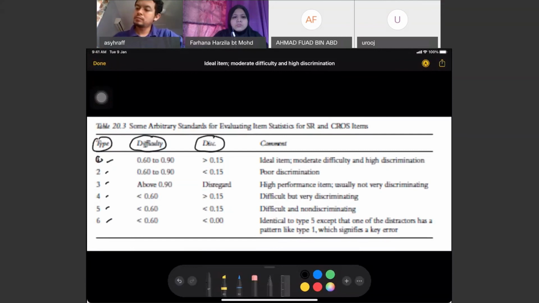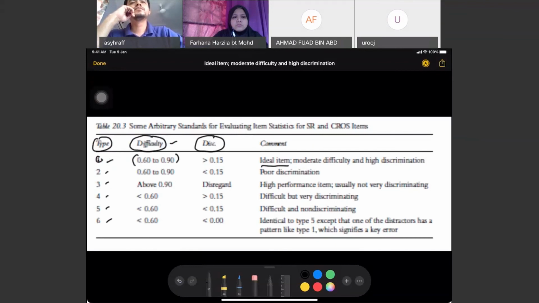Okay. So the ideal item, regarding difficulty, is not too easy, not too difficult, between 0.6 and 0.9. Meaning for him, lower than 0.6 is difficult.